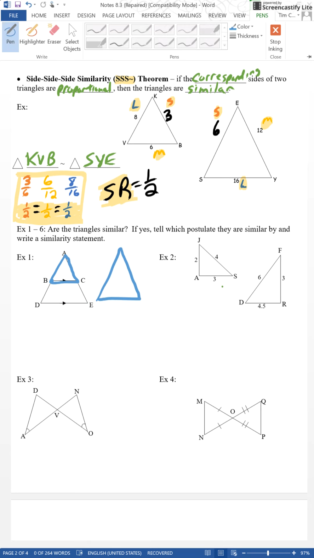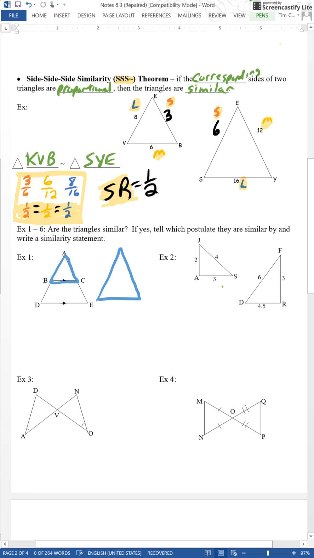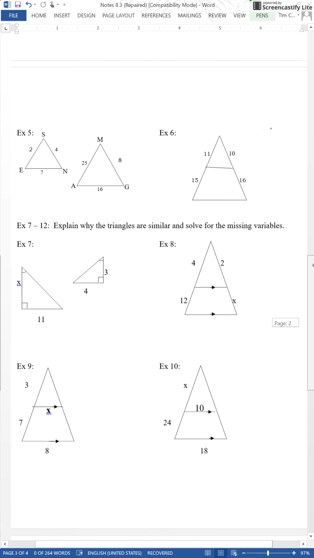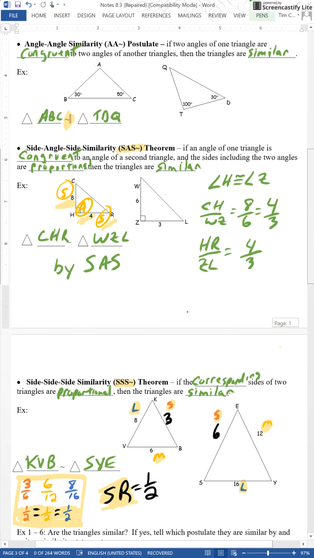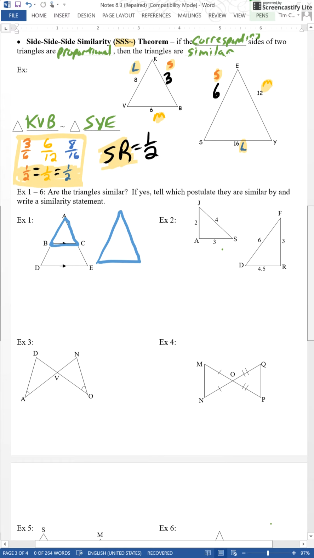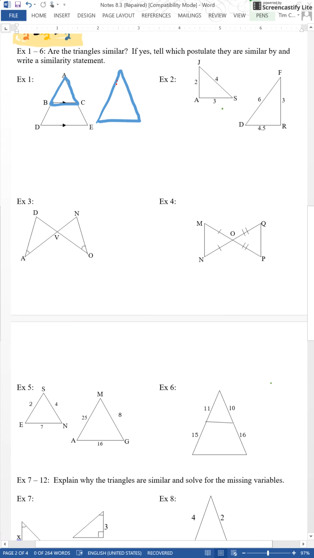All right? So if we're looking at angles, I know that this angle is congruent to that angle, definitely. Okay, and then if I look in this bigger picture, these are parallel lines, so these are corresponding angles. This angle and this angle are congruent also.